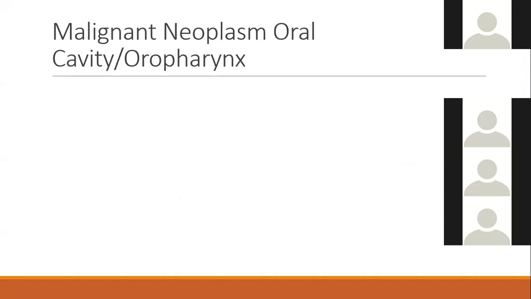If any one of you knows, just start writing on a sheet of paper so that you know where you stand. The commonest malignant tumor of the oral cavity is squamous cell carcinoma. And as you know, the oral cavity is lined by squamous epithelium, but there are other structures, minor salivary glands, mucous glands.